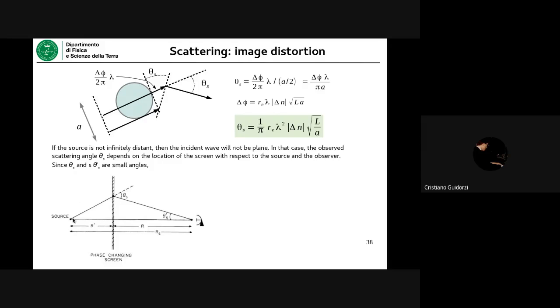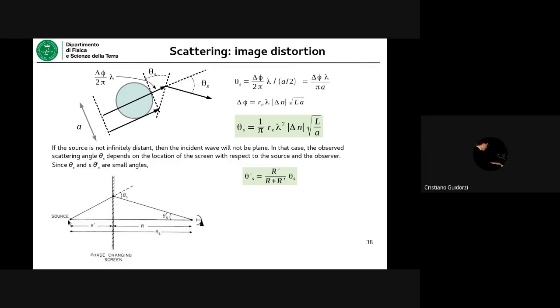But this side can be taken as this other side, just because this angle is very small. The error that you make is very small: essentially there is a cosine of a small angle, so you know that it is a second order effect in the Taylor expansion. So you can just take this as this.